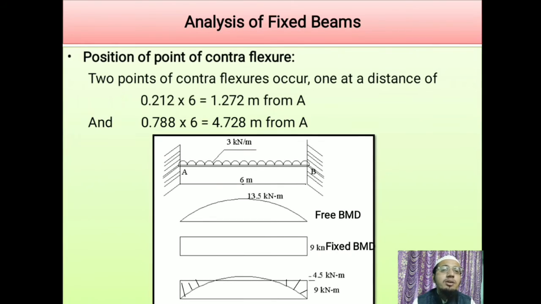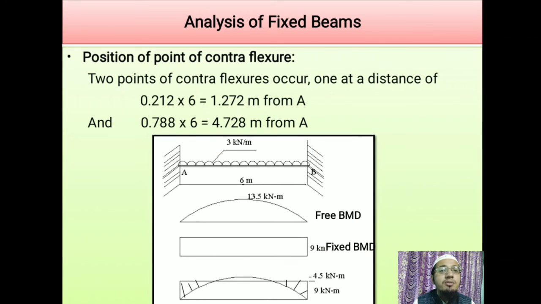Or if you are willing to find this distance from support A only, just consider a section at the second point of contraflexure, and take moments towards A only. By taking moments and equating it with 0, you will get that distance in the form of L, that is 0.788 times L. L is 6 meter.